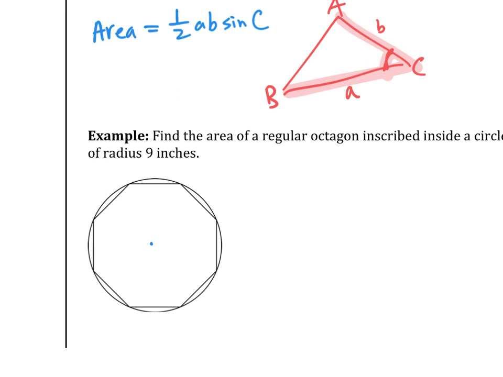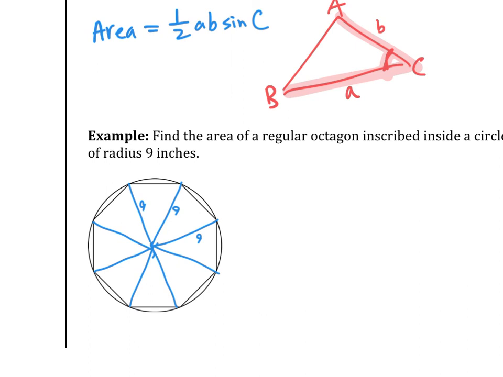So that means you can actually just think of it as 8 congruent triangles. They're exactly the same size. So how do you find this area? Well, the radius is 9, so that's 9 and 9 and 9 and so on.